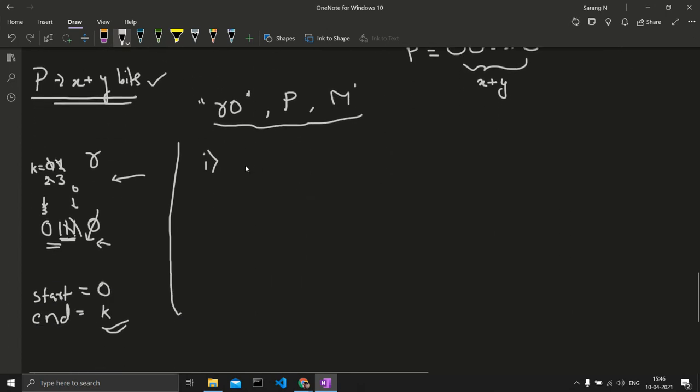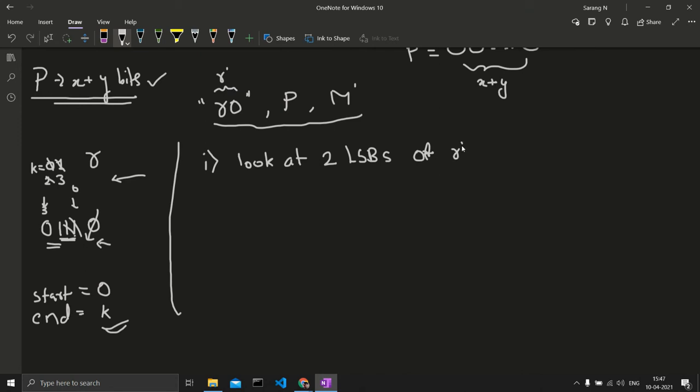So jumping to the algorithm, we'll start by looking at the two least significant bits of R. Let's call this whole appended R, R dash. When you look at the two least significant bits of R dash, there will be different cases.